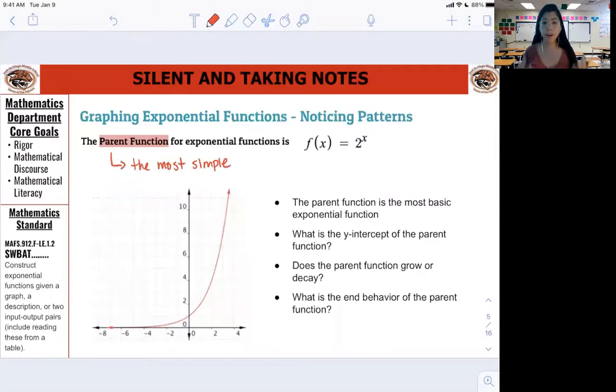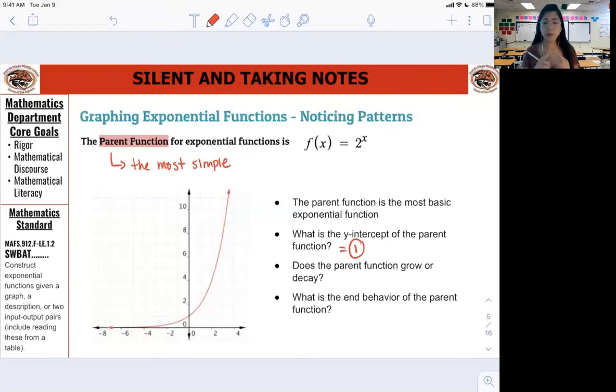So for an exponential function, this f of x equals 2 to the power of x is as simple as you can make it. Because the y-intercept, what is the y-intercept? 1. It's 1. So the y-intercept is 1.